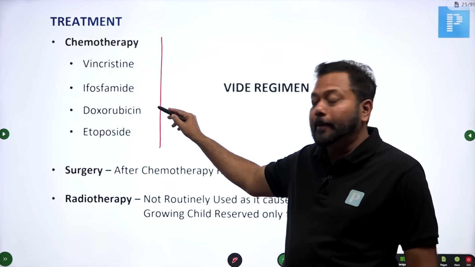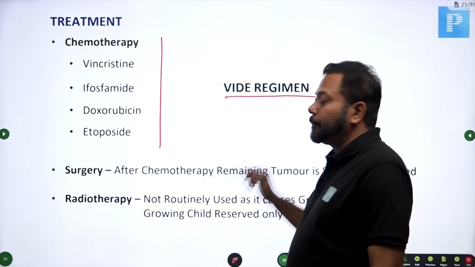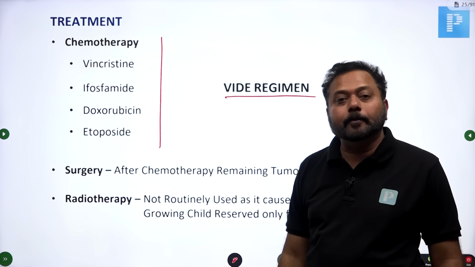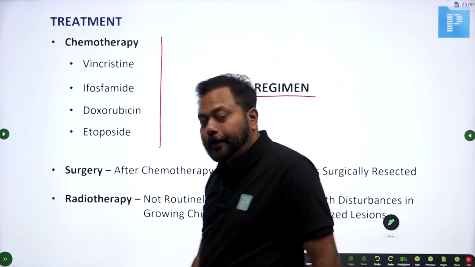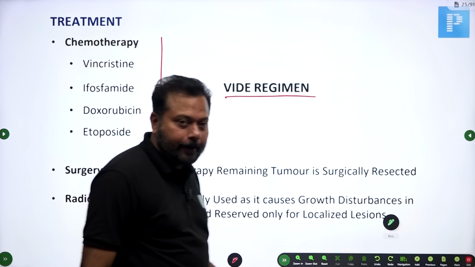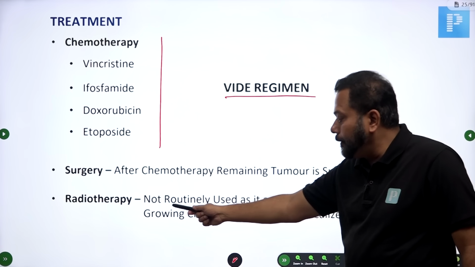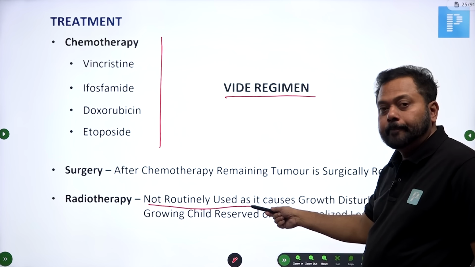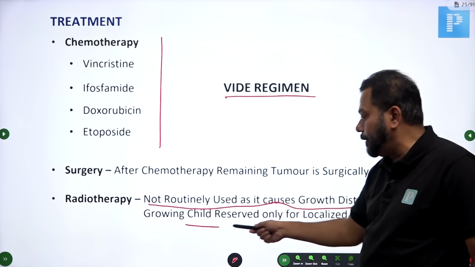Vincristine, ifosfamide, doxorubicin, etoposide. Okay, VIDE regime. Surgery after chemotherapy: you give chemotherapy, and the remaining tumor is surgically resected. Focus your full attention on the last point. Radiotherapy is not routinely used, as it causes growth disturbance in a growing child.